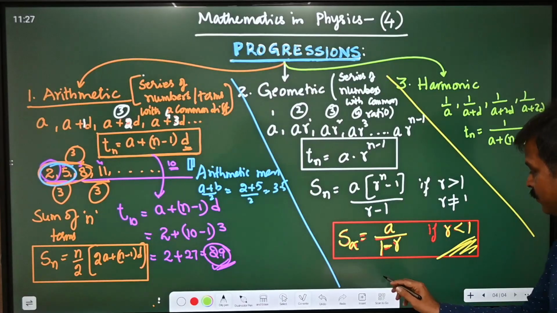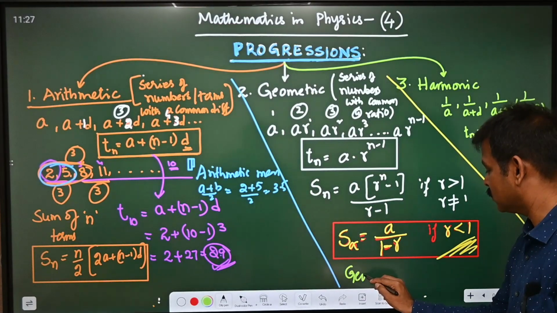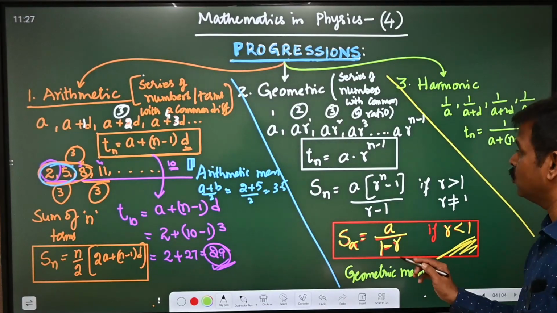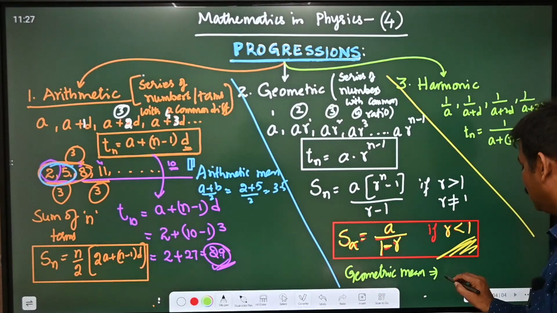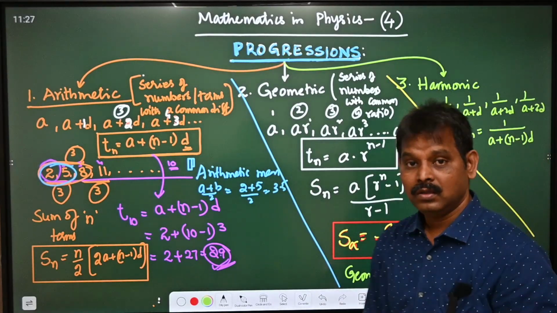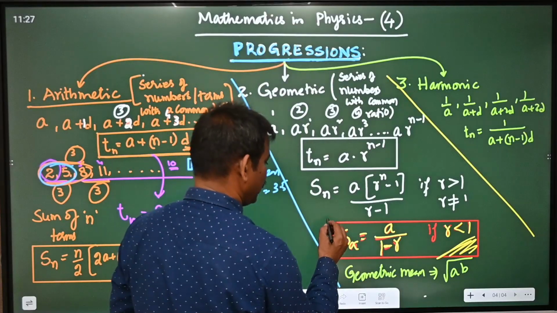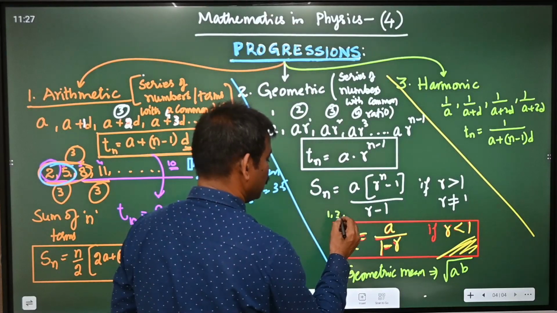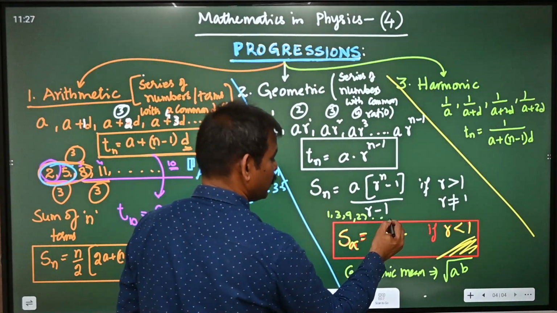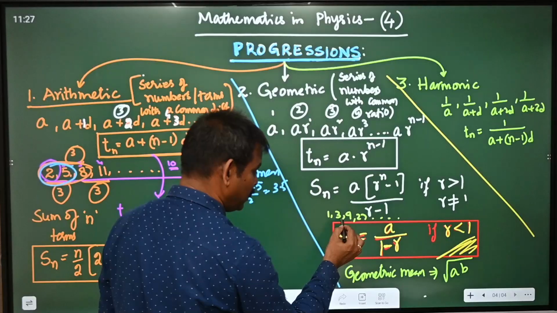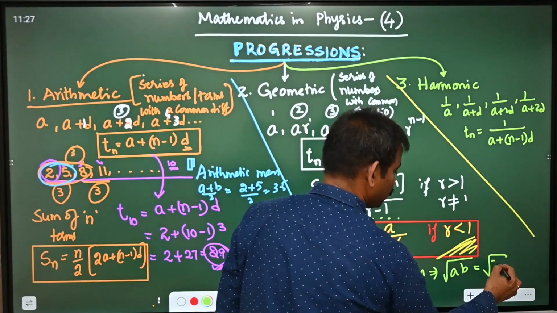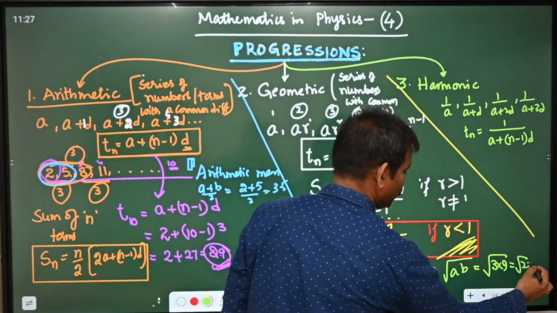And one more here, geometric mean of two terms in GP is given by root AB, where A is the first term and B is the second term. Or if you take a series of numbers like 1, 3, 9, 27, and so on, this is one series, and if you want to find the geometric mean of these two terms, this will become root 3 into 9, that is root 27.